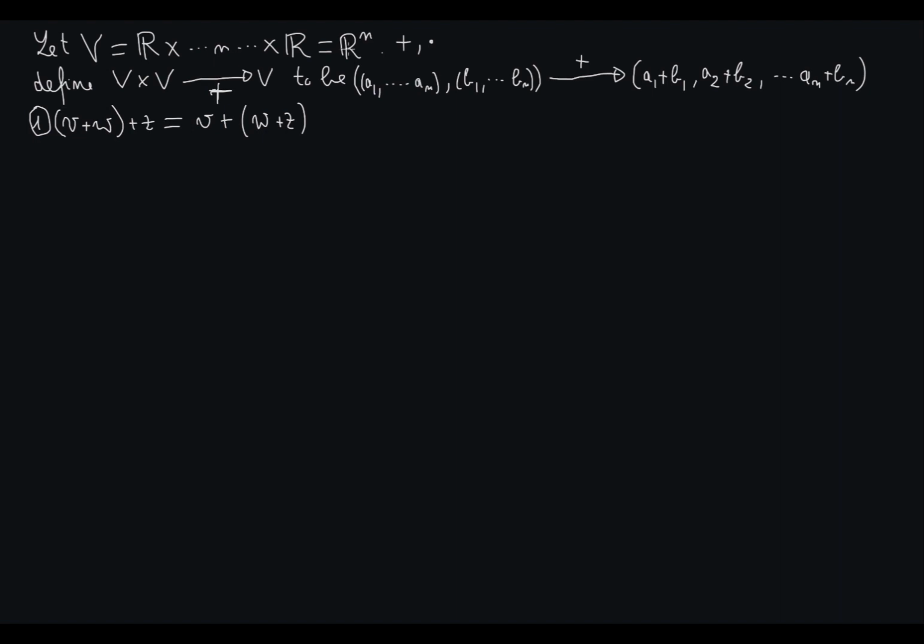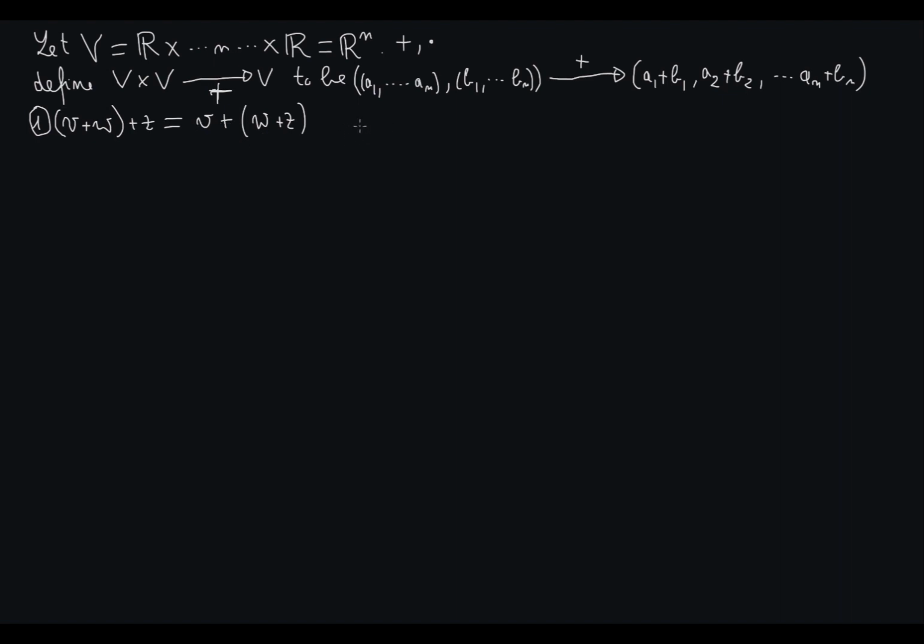Therefore, two n-tuples of numbers are equal if each coefficient is equal index by index. So we can just concentrate on one of the indices of this n-tuple and of this n-tuple and see whether they are equal or not.